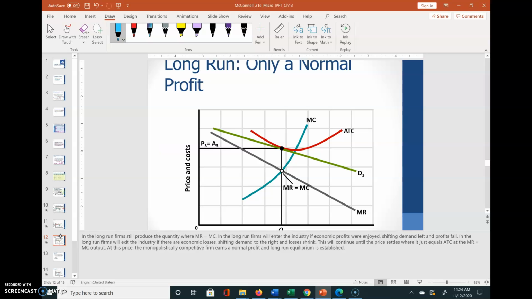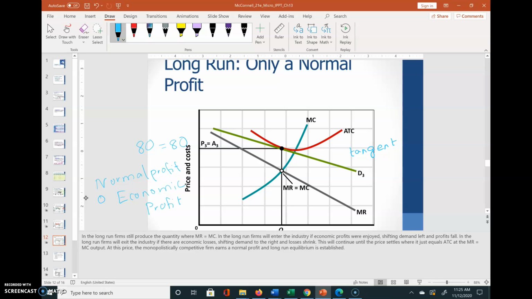This is the long run graph where the demand curve is, this point is called tangent. So the demand curve is tangent to the average total cost curve, and the price will go down to average total cost. We would have a normal profit, or we are going to have a zero economic profit.